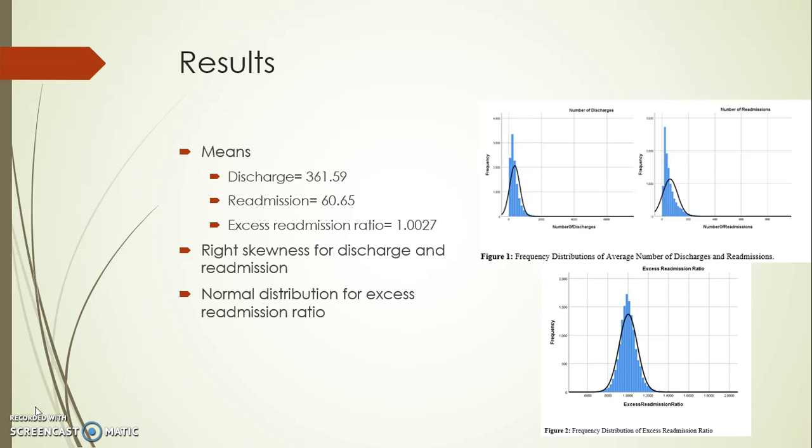The number of discharges and number of readmissions showed skewness to the right with 3.406 and 2.837 respectively, and that is demonstrated by Figure 1, which shows the frequency distribution.